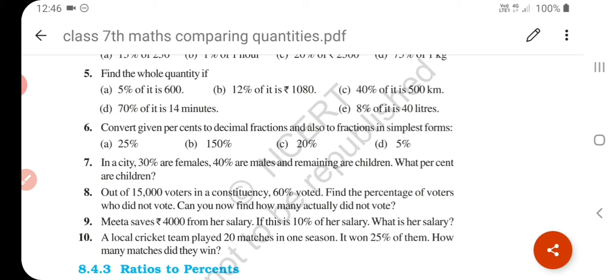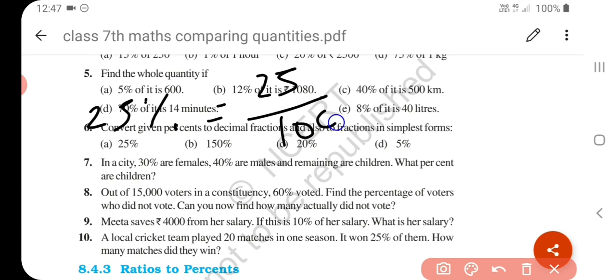First of all you have to convert these percentages into decimal numbers, and then you have to convert the fraction into simplest form. What is the meaning of 25%? Here there is the percentage sign, so you will write 25 upon 100. When you cut it down, 25 1s are 25, 25 4s are 100. So your answer is 1/4.